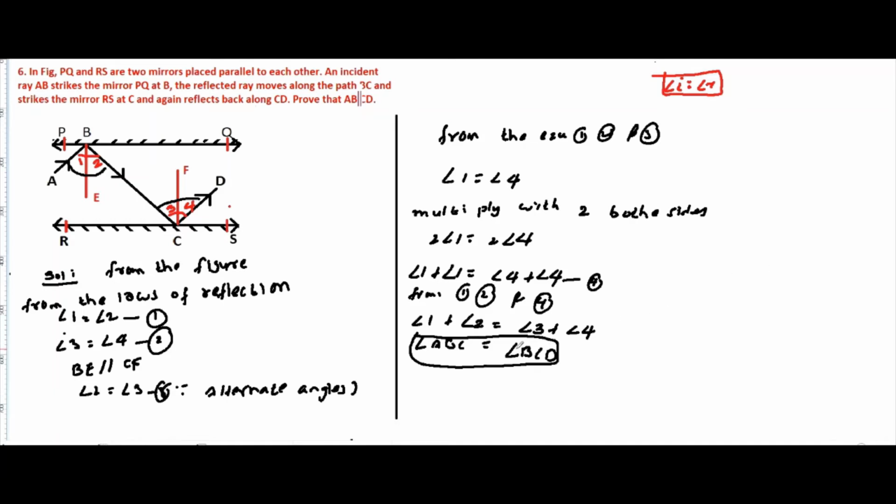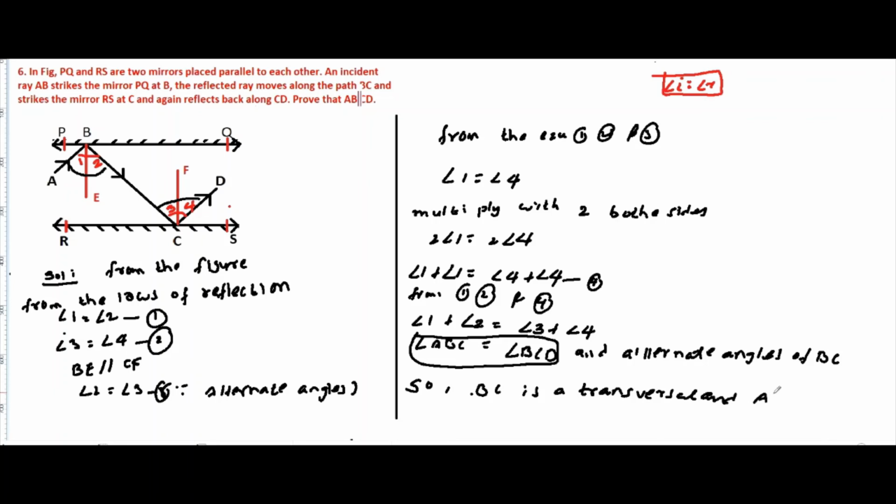So angle ABC equals angle BCD, and these are alternate angles. BC is a transversal, so AB is parallel to CD. This is what we needed to prove. This is the answer.